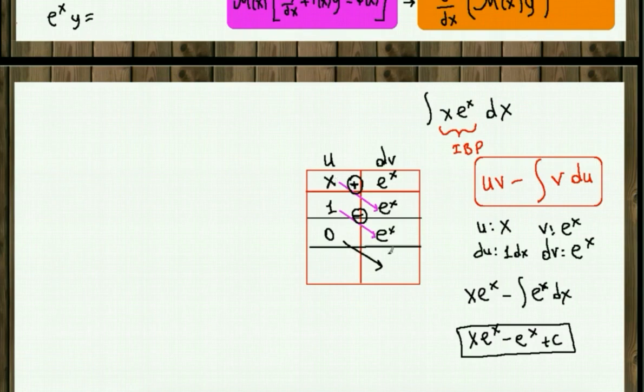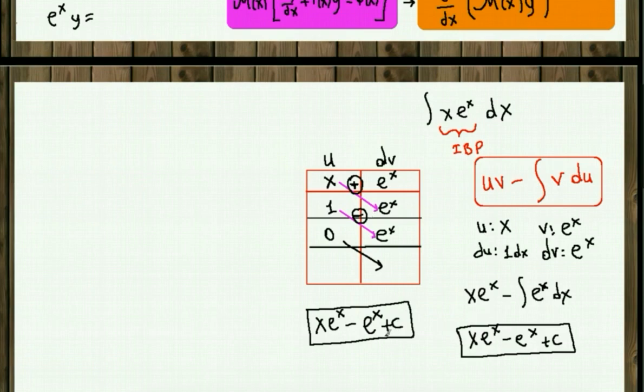Now x times e to the x plus, we have a negative sign here, so 1 times e to the x plus c. As you can see, the tabular method is fast and more practical.